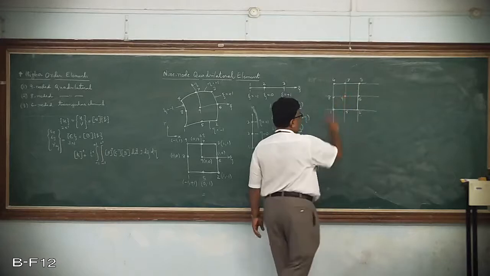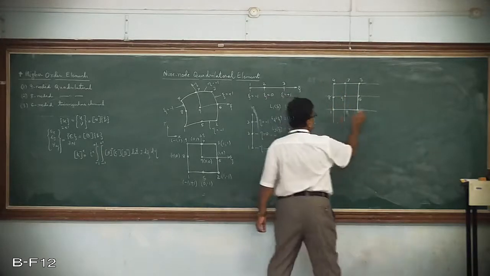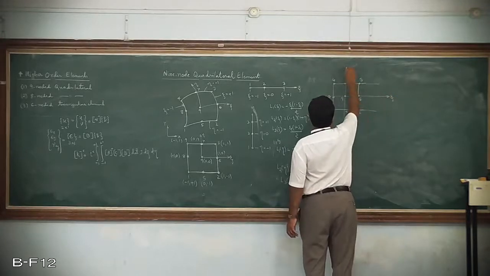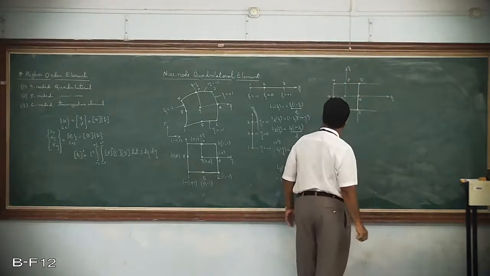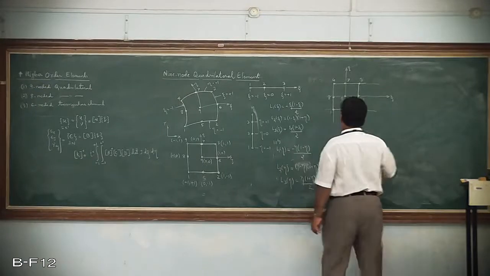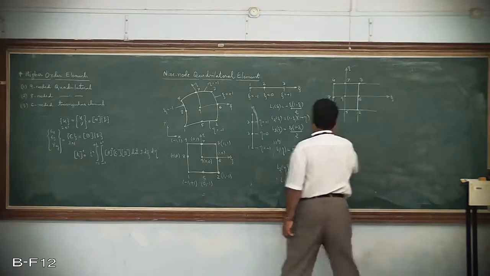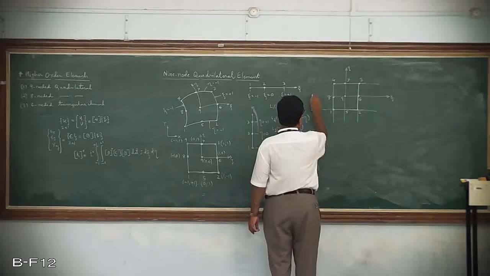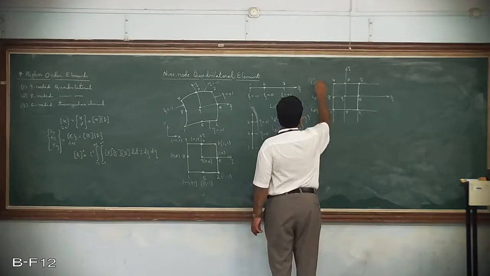And this is 9. Now, you already know that this is the zeta coordinate and this is the eta coordinate. So when you start at node 1, this is L1 of eta, L2 of eta, L3 of eta.